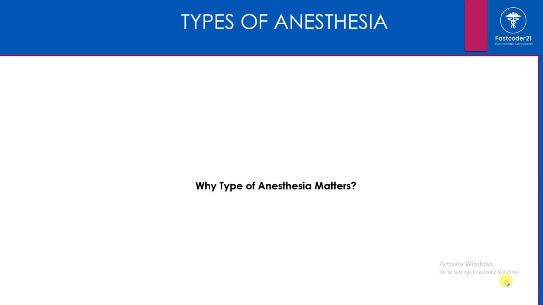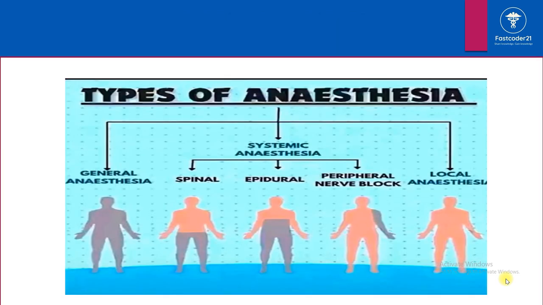Hence, as we have CPT code descriptions based on type of anesthesia, as a medical coder we need to understand what local anesthesia is, what general anesthesia is, and why this matters to us. Next, we will see types of anesthesia.